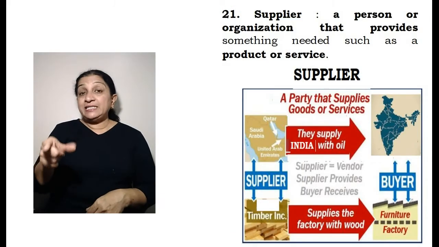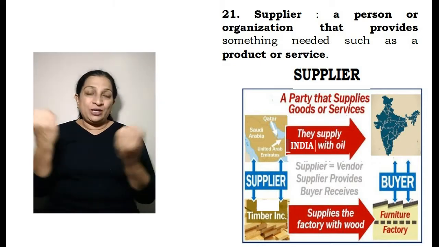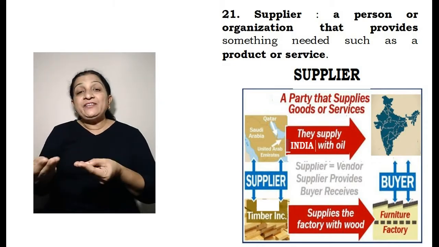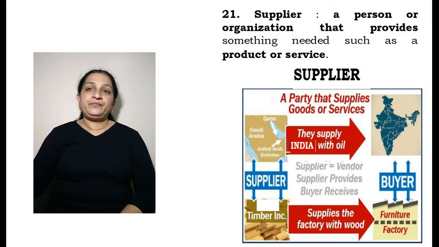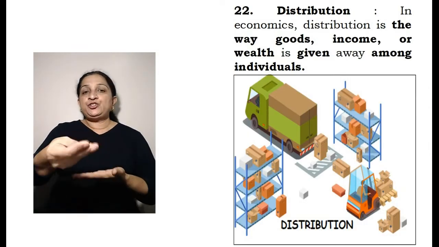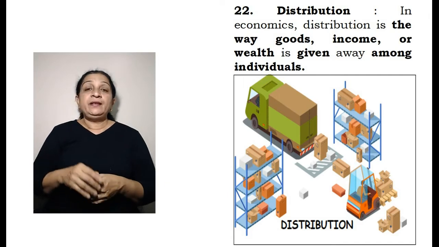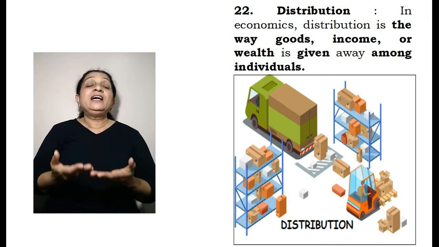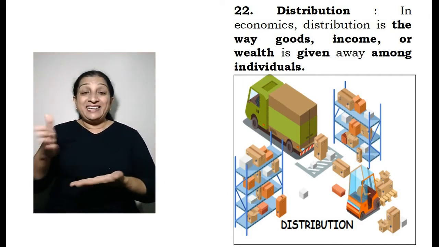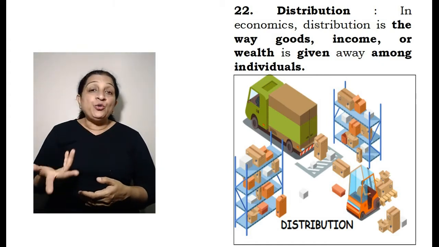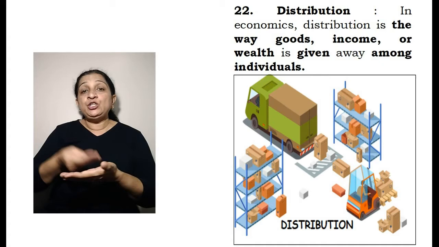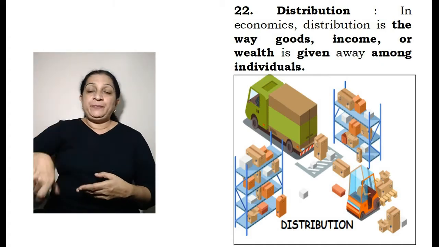Supplier, that is the person or the organization that gives the product or service. Distribution. In economic distribution, that is the different ways things, income, or wealth are given to people.